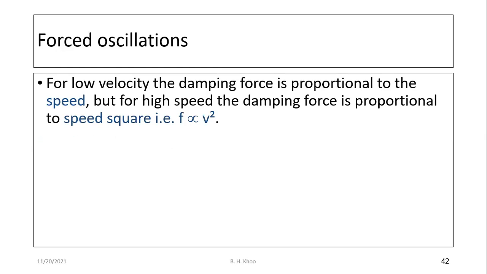For low velocity, the damping force or air resistance is proportional to the speed. So as the speed increases, the damping force also increases. But at higher speed, it is proportional to the speed squared. So you can see the greater force you push, the greater speed you have, the greater the resistive force.